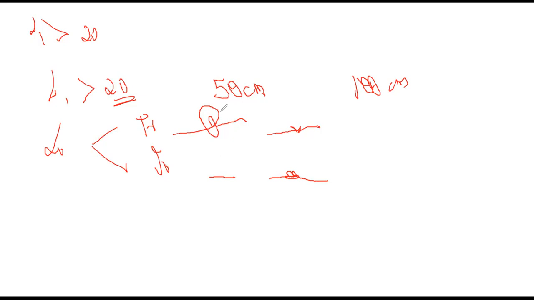So next is the hypertensive disorders in pregnancy. In the hypertensive disorders, first one is preeclampsia. Preeclampsia is nothing but a multi-system disorder of unknown etiology. We don't know what the reason is.